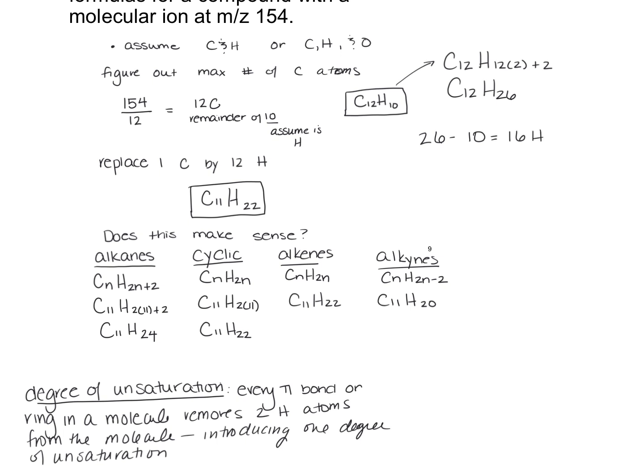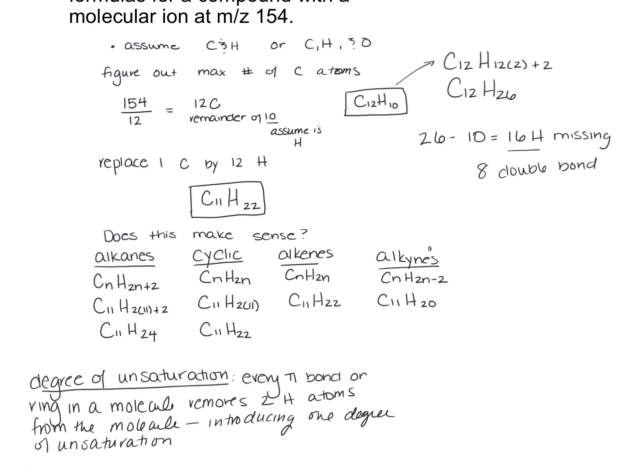And so that's 16 hydrogens missing. And so that means this molecule could have 8, right, double bonds, or it can be cyclic and have 3 double bonds and a couple triple bonds, right? So we use this information to figure out, do these make sense? And so this does make sense because it's lower than 24, okay?